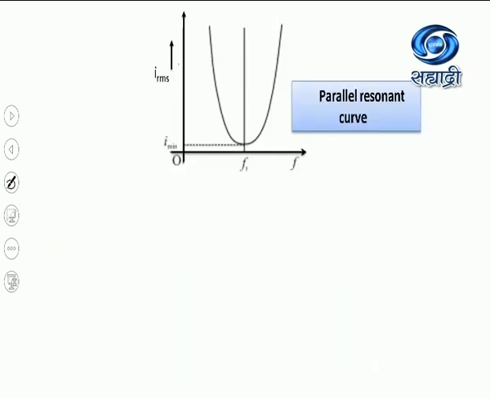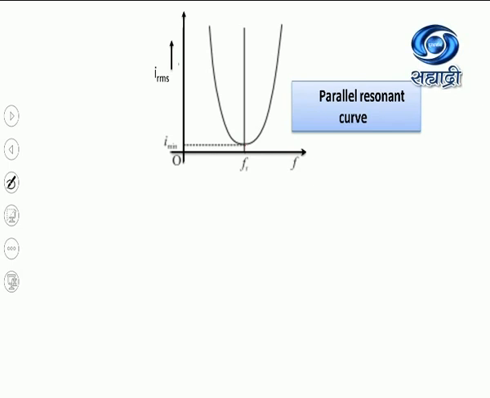Now if we draw the variation of the RMS value of the current with frequency, the nature of the curve you will get is like this. At resonant frequency, the minimum current flows through the LC parallel circuit. This condition we call parallel resonance condition, and the frequency is called resonant frequency.